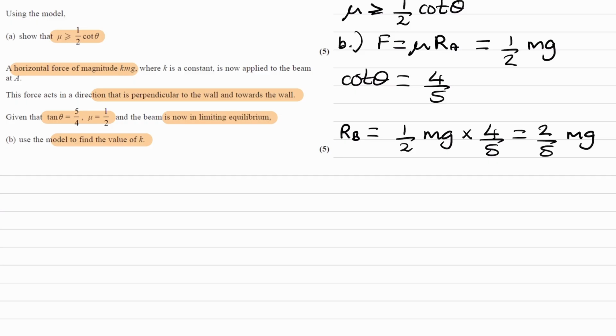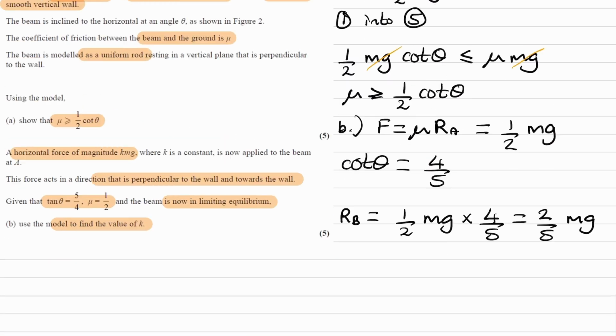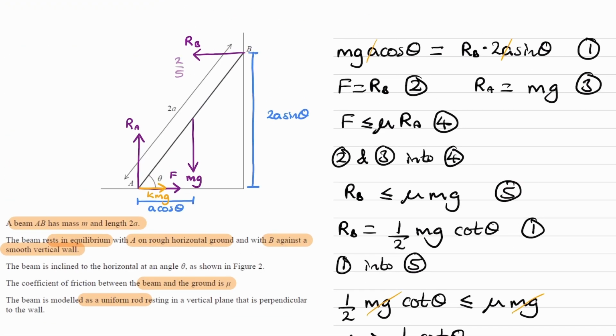Okay, so now we have the frictional force and the reaction force of the wall. How are these two things going to help us? Well, let's look at our diagram and write those forces in. So the reaction force of the wall was 2/5 mg. So that's RB. The frictional force is a half mg.